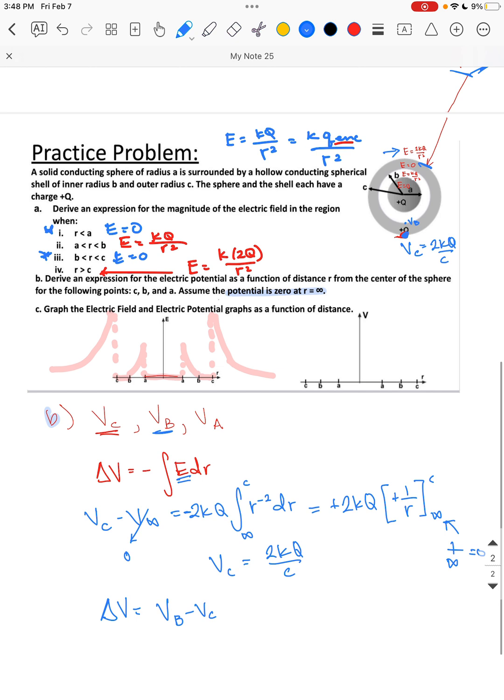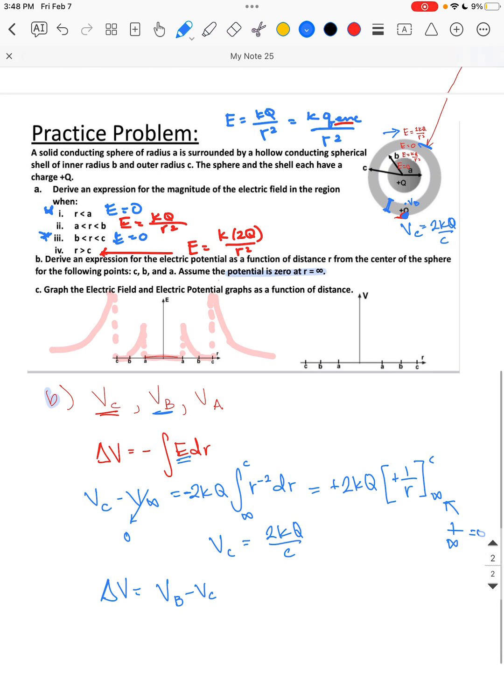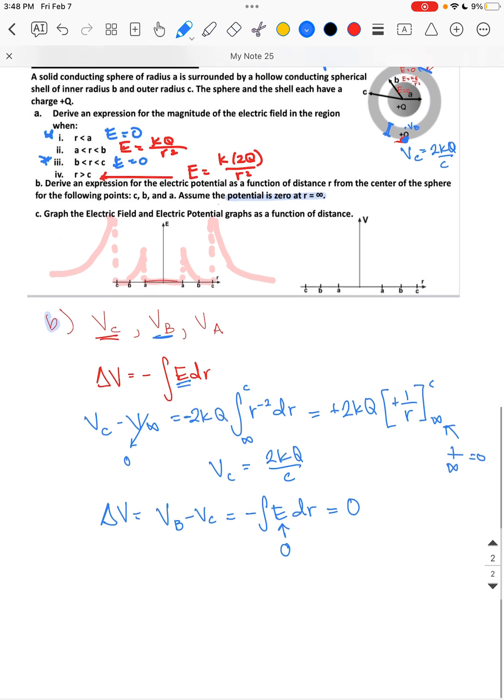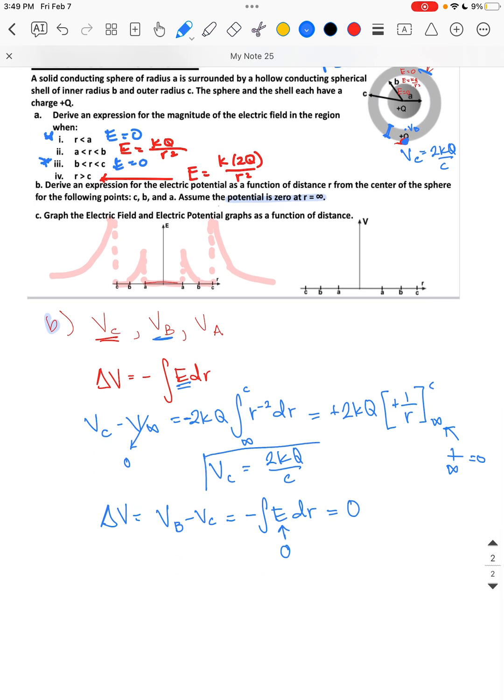So I am taking this area right here and figuring out how to find the potential from that. Because I'm doing the negative integral of E dr in that area and the electric field in a conductor is 0, this integral is going to equal 0, which in this scenario, VC is this.